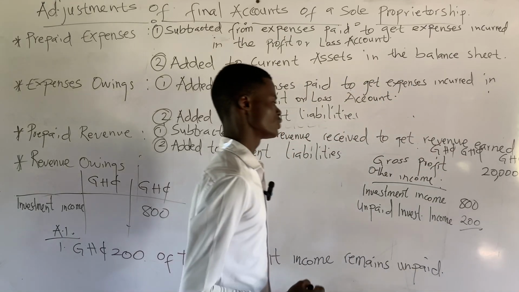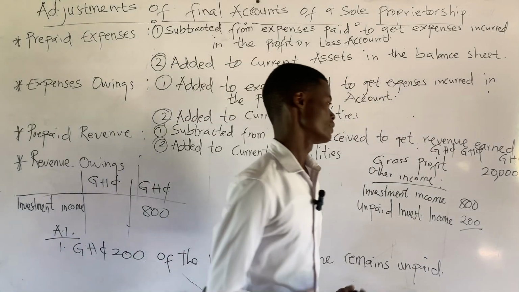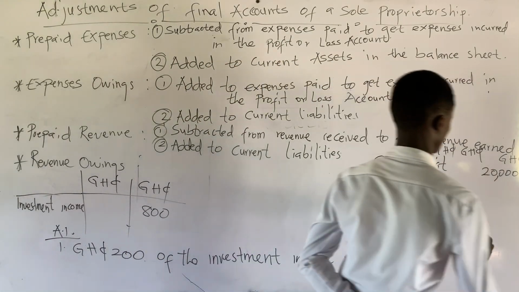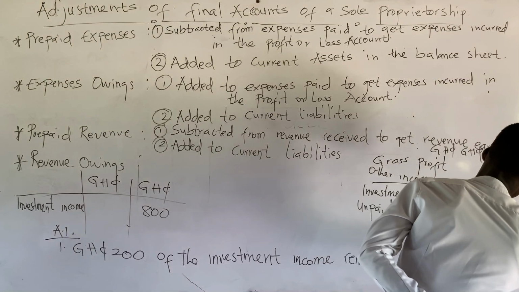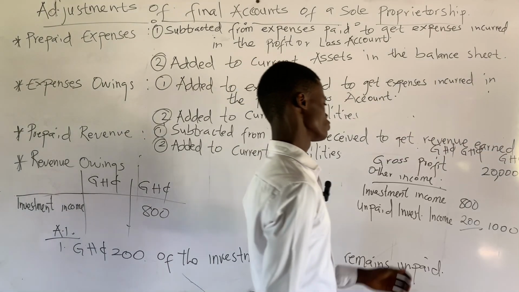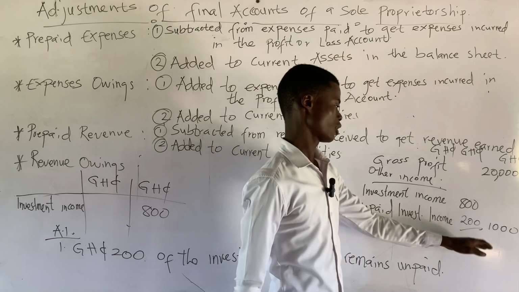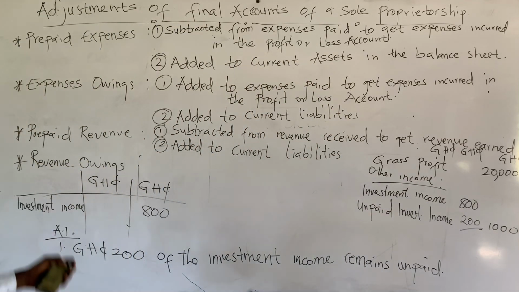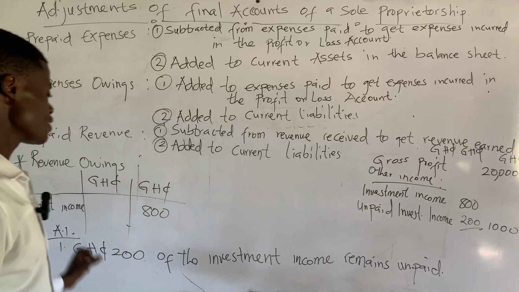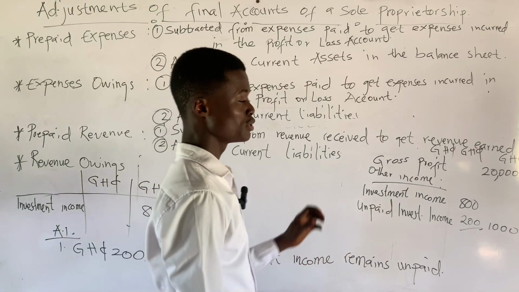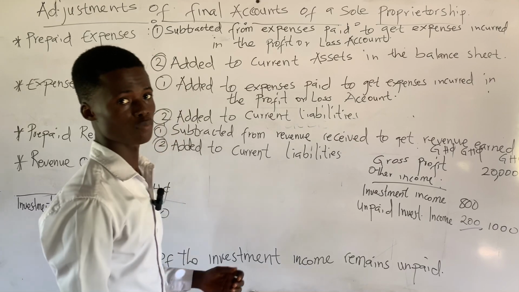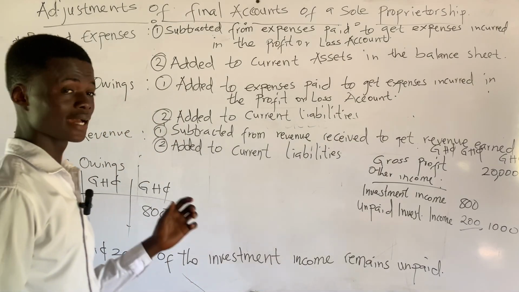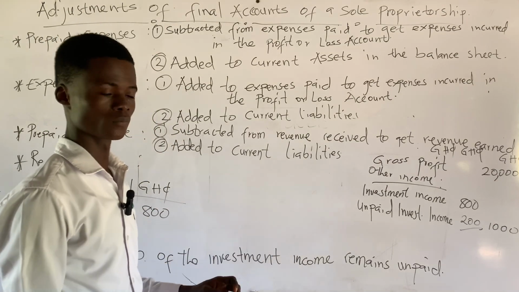So it will be added to the one received to get the investment income earned. So that will give you 1,000 cedis. So it is this 1,000 cedis that will be added to the gross profit. So the first treatment of revenue owings is that the revenue owings will be added to the revenue received in the statement of profit or loss account to get the revenue earned.